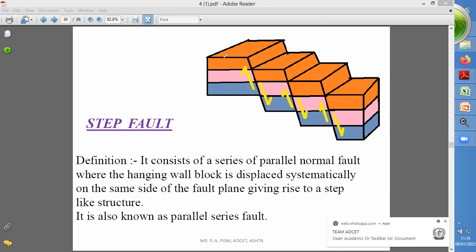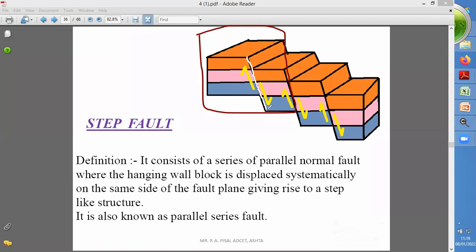Consider only the first two blocks now. Where is the fault plane? Here, this is the fault plane. I will mark it here with white color. This is the fault plane in these two blocks.